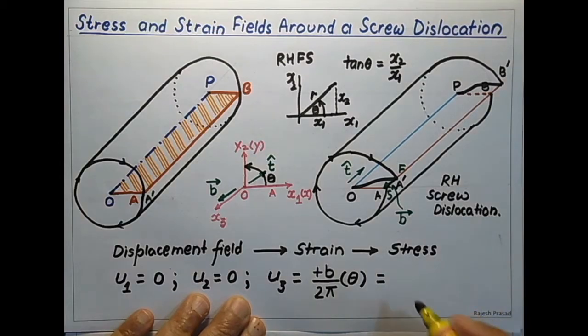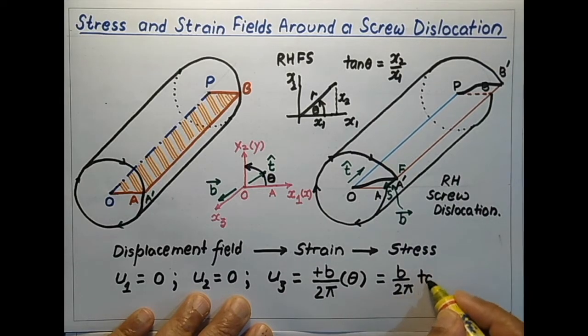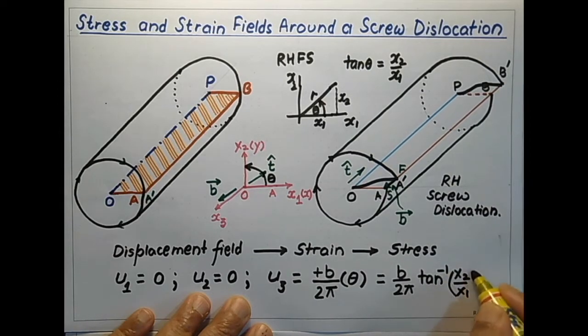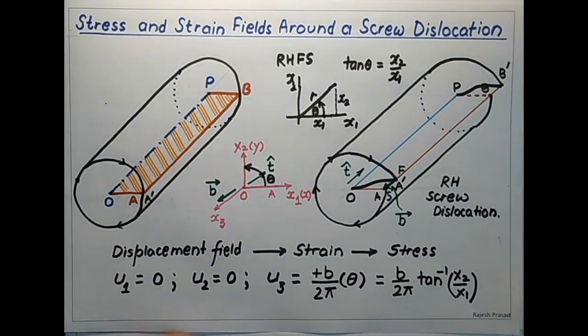So we can write theta as tan inverse x2 by x1. So we have b by 2 pi tan inverse x2 by x1. So that totally defines the displacement field.